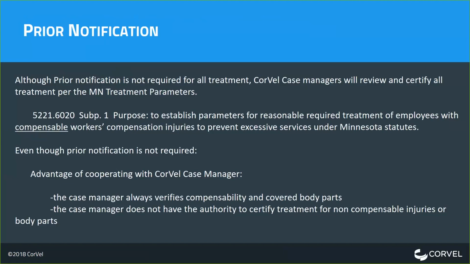So that's why I wanted to point out that the treatment parameters only apply to compensable work comp injuries. And when you work with a Corvell nurse case manager and you get our certification letters, you know that we've already verified with the adjuster that that claim is compensable, and we've verified the body parts covered.